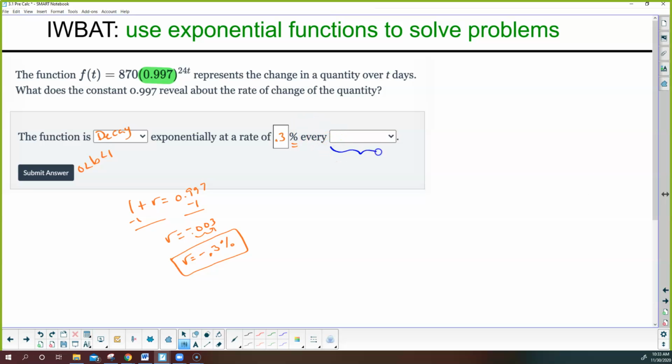Every what? Well, here we're trying to look for, is it every minute, every day? But we actually have to calculate the value. Now, notice there's a 24 here. We didn't have that 24 in any of our other pieces. So this 24, we always want it to represent 1 day. So what's that mean?